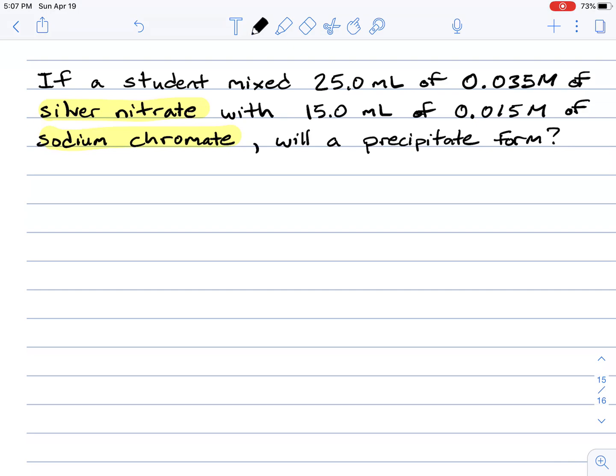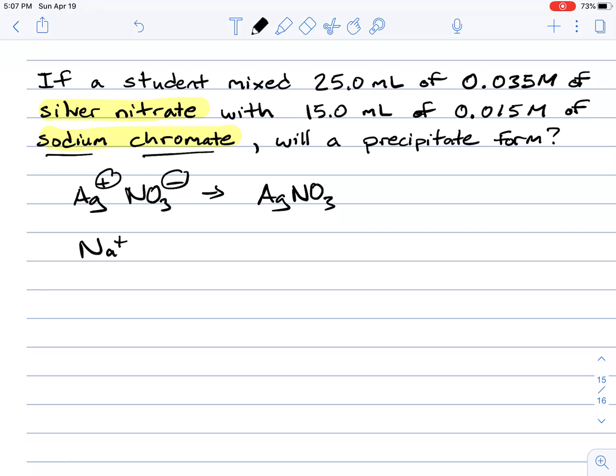The first thing that we need to do is translate what this means. Silver nitrate is Ag with a positive charge, NO3, that's nitrate. Notice it's +1, -1, and so the substance is simply AgNO3. Here we have sodium chromate. I know that sodium is +1.